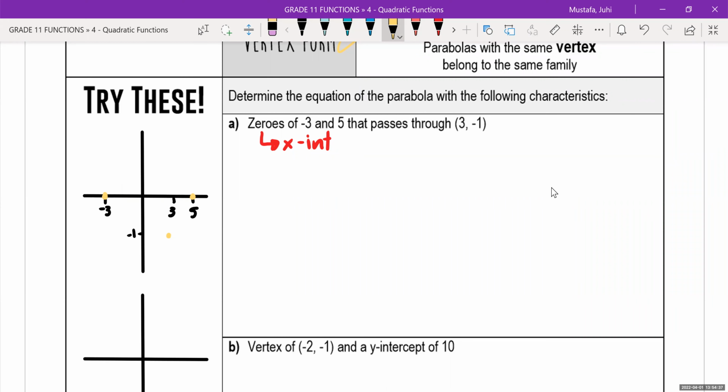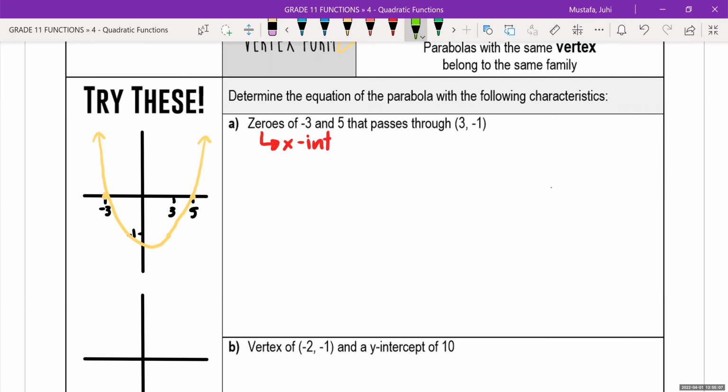It could just be one of the points on the graph. So our parabola could look something like this. That gives you the general shape of it. This is actually not very accurate. It's probably not going to look like this, but you just get the idea that it's passing through this point and the x-intercepts. Okay, so how do we solve a question like this?